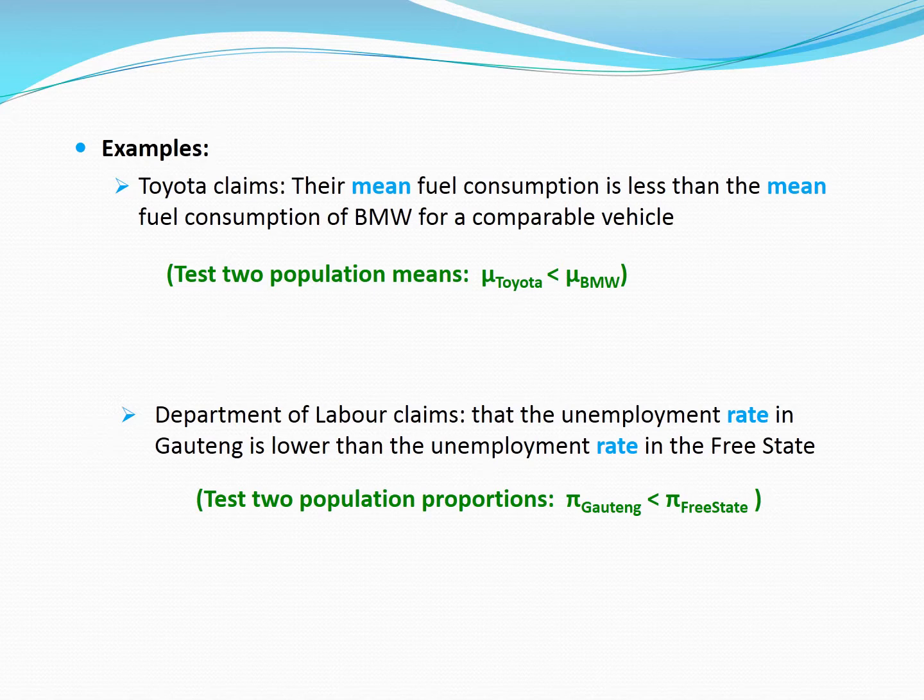So there we test 2 population means, whether the population mean for Toyota is less than the population mean for BMW. Or the Department of Labour claims that the unemployment rate in Gauteng is lower than the unemployment rate in the Free State. So there we will test 2 population proportions against each other. The test will then involve the population proportion for Gauteng less than the population proportion for Free State.